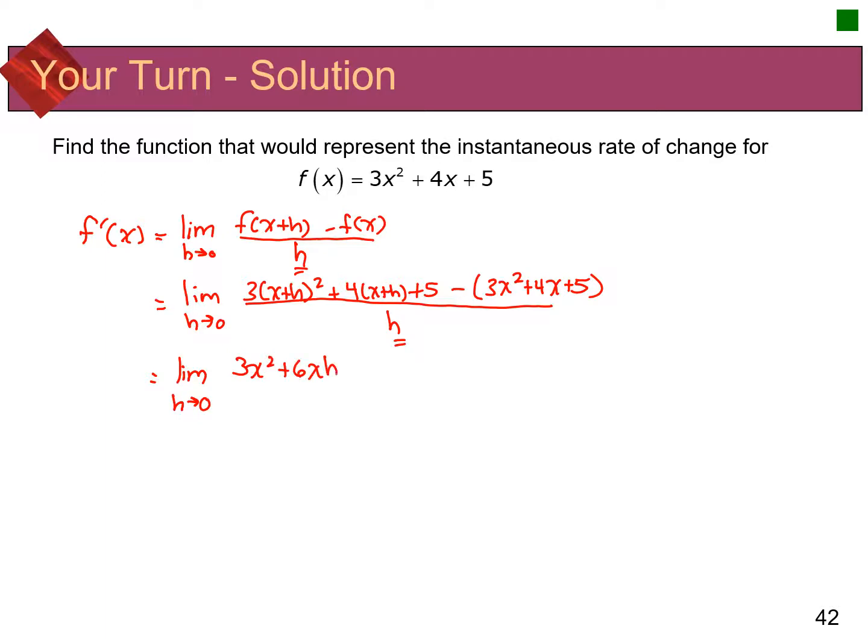If you have any questions about how I got this, certainly come to me during office hours. We go through it a little bit more thoroughly, but hopefully you know how to FOIL and distribute. The 4 times x plus h becomes 4x plus 4h plus 5.